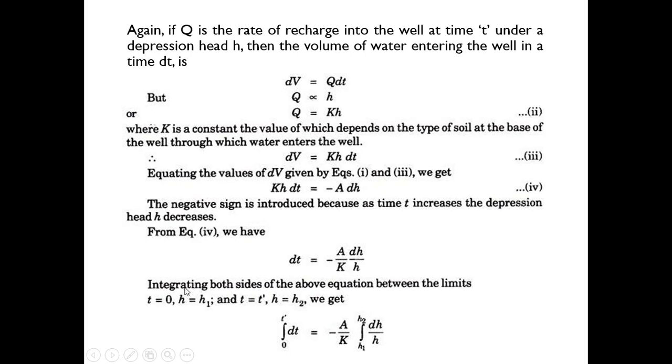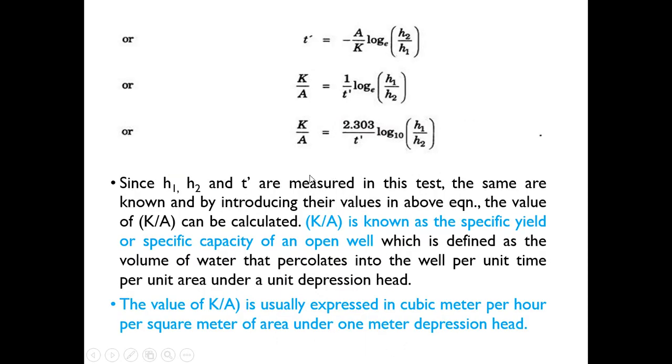And if it is integrated on both sides of the above equation between the limits t equals 0 to t and h equals h1 to h2, as A and k are constant, we will get k equals 2.303 divided by t log of h1 upon h2 to the base 10.